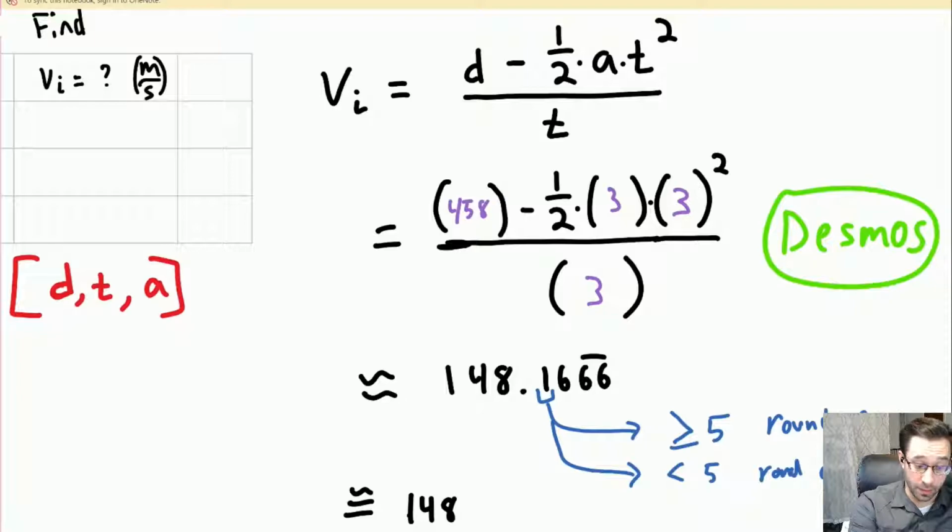Now, the reason why I say use Desmos is because if it's in this form, if it looks just like this, then it'll calculate it properly. Okay. If you use your phone calculator or a TI-83, it's going to look weird.